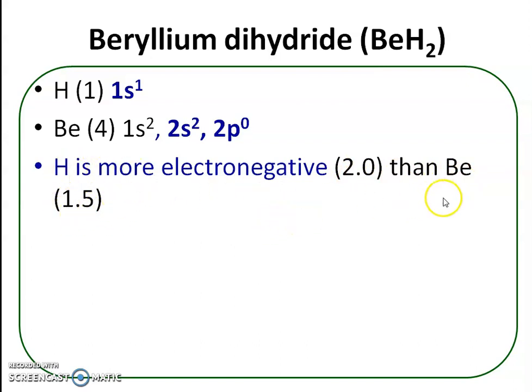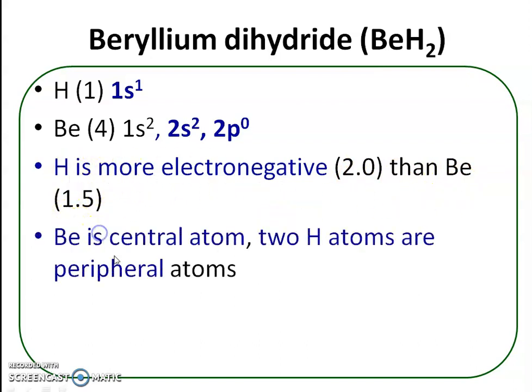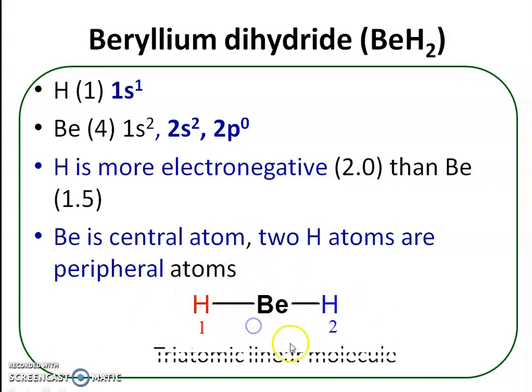Beryllium is the central atom and 2 hydrogen atoms are the peripheral atoms. And as I already told you, beryllium dihydride is a triatomic linear molecule. The 2 hydrogen atoms attached to beryllium are labeled as 1 and 2, hydrogen 1 and hydrogen 2.